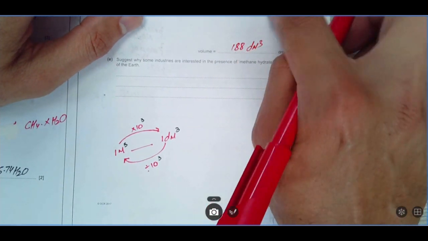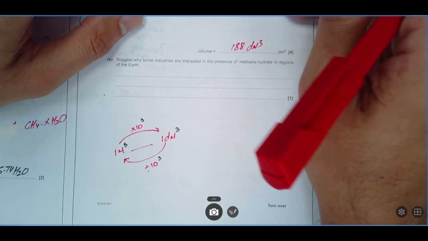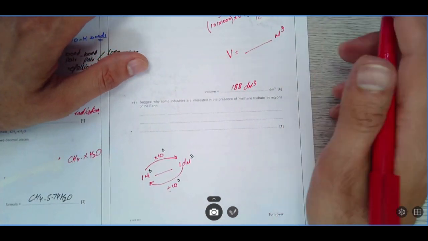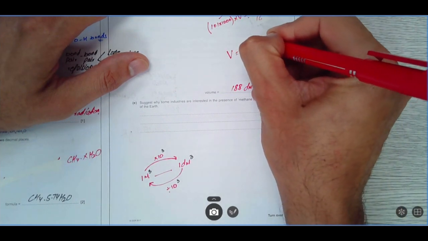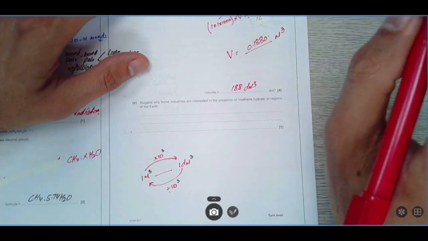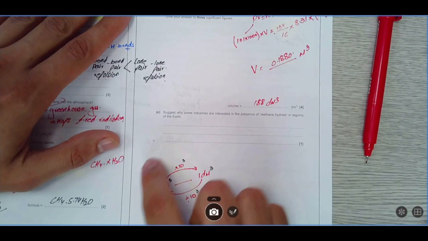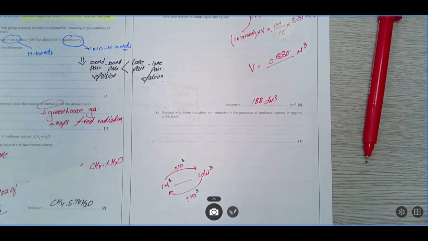Is that what you got from here? Yeah. But I want first the answer in meter cube. That should be 0.188. That's fine. So make sure you copy this section as well, please. And then we can do the last bit. We are done with this example.